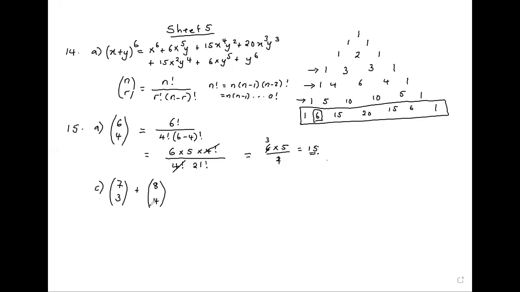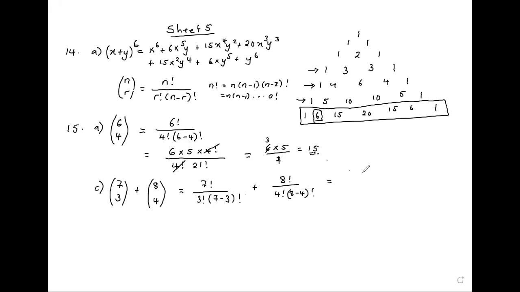You choose your own way, and the easiest for me is to simplify each of these in a manner that I know that it should be 7 factorial over 3 factorial, 4 factorial, and then come back and add 8 factorial over 4 factorial, 4 factorial.